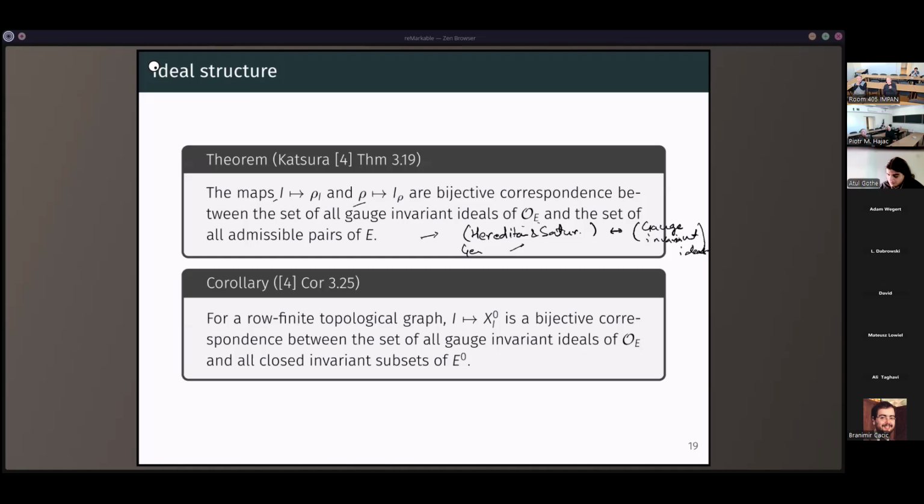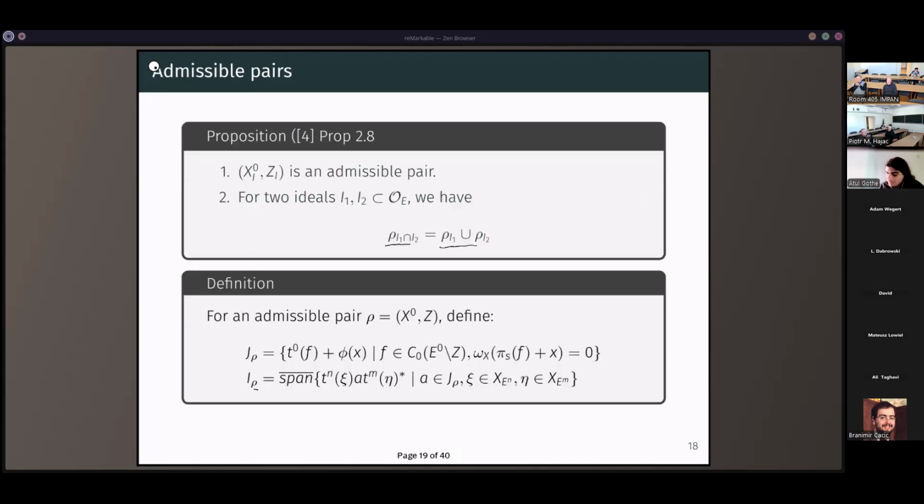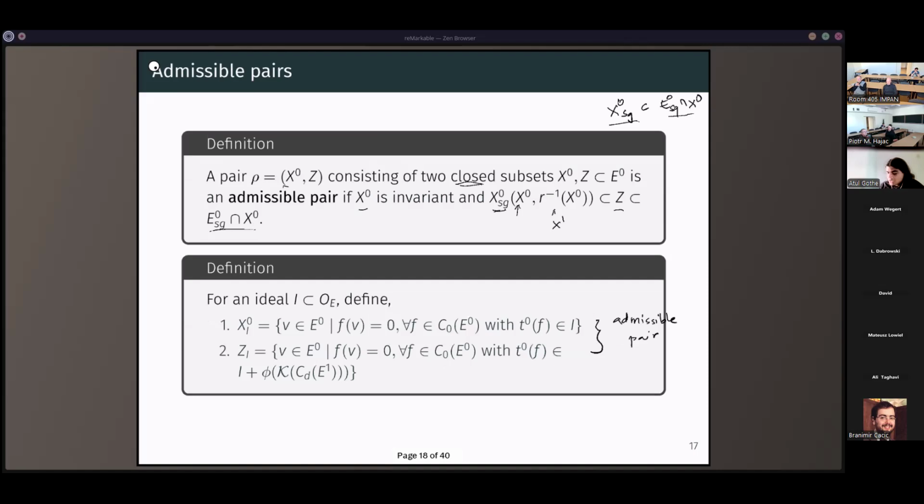Is there an analog of this theorem in the classical case? Yeah, so here there's something called breaking vertices as well. But for a row finite one, we don't have these breaking vertices. If we are familiar with classical directed graph C star algebras, Z corresponds to breaking vertices in that case, while X0 corresponds to hereditary and saturated subsets.